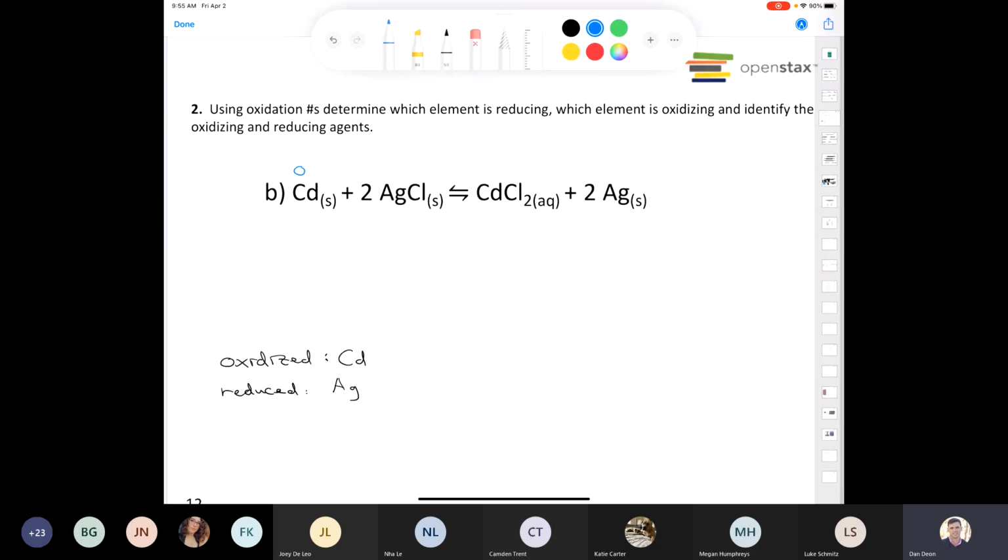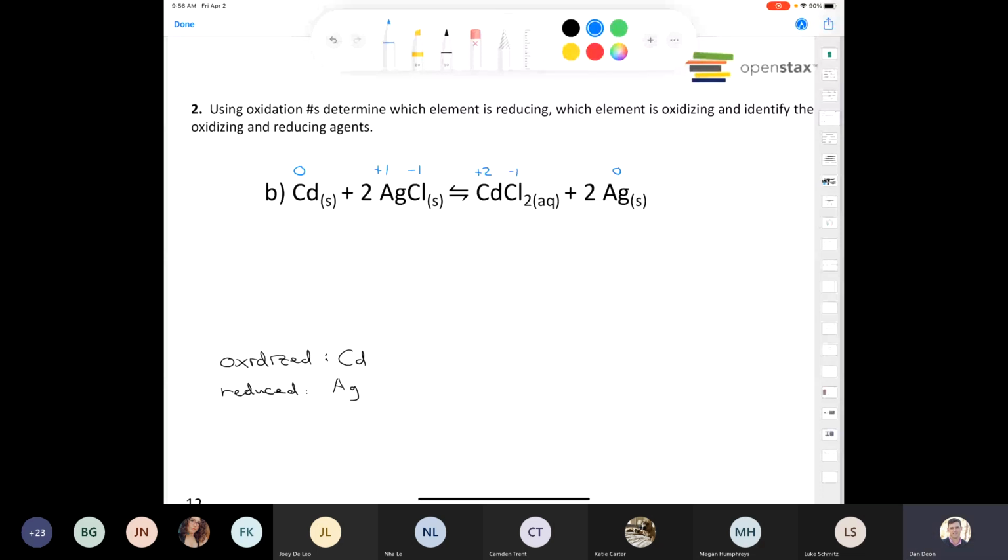In silver chloride, chloride always has a charge of -1 unless it's combined with oxygen, and it's not. And so my silver must be +1. If I look at cadmium 2 chloride, my cadmium has a charge of +2, my chloride has a charge of -1, and my silver in its pure form is 0.